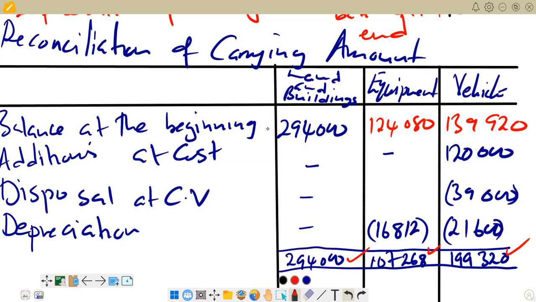So from the reconciliation of carrying amount, we are now going to the trade and other receivables note, according to the question.